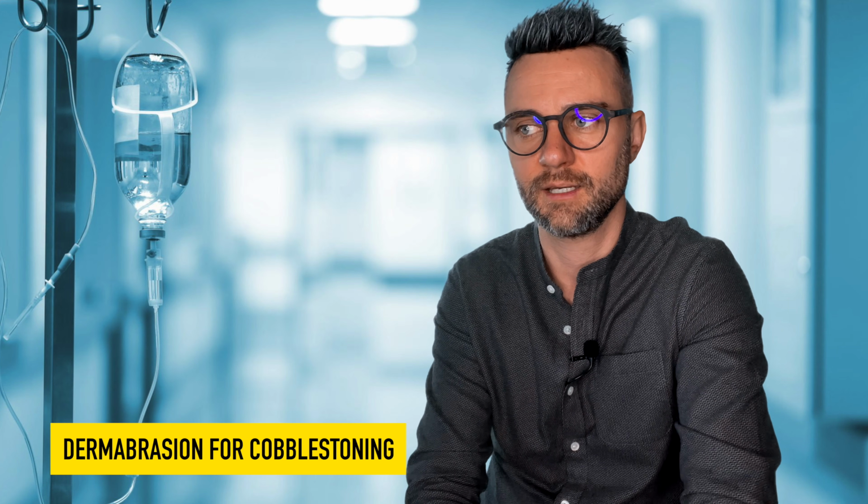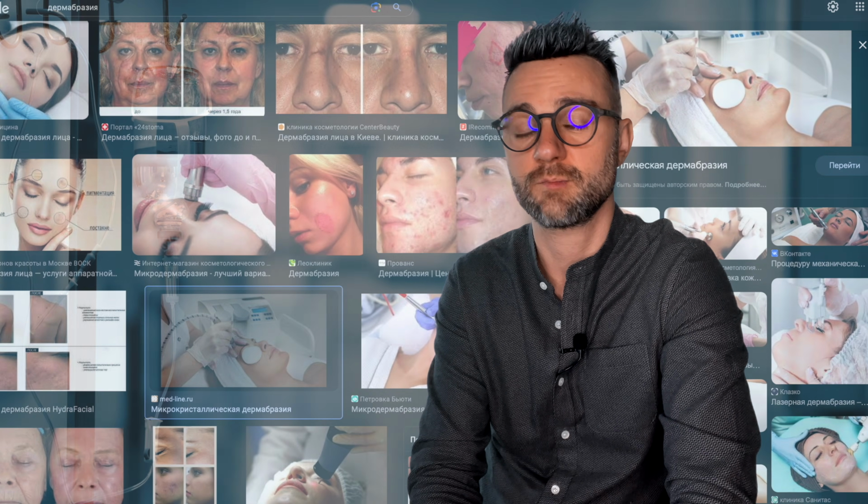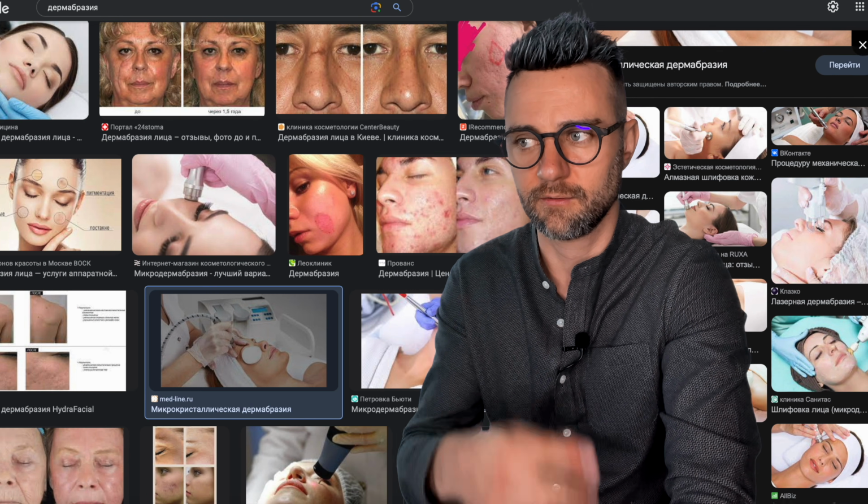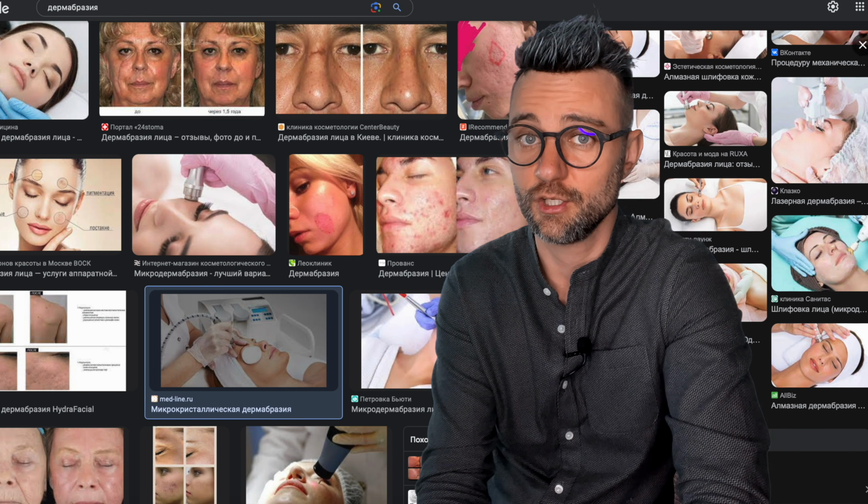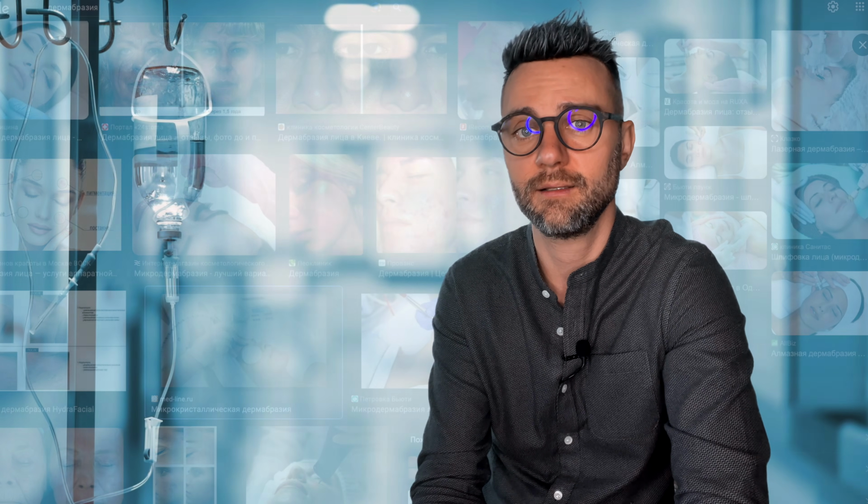I mean, peeling can be done at home, but dermabrasion is done with special tools such as rotating circles and crystal microdermabrasion, or lasers. Dermabrasion can be done in medical offices or cosmetic centers by professionals with certain experience. The procedure can be a bit painful and usually requires time for the skin to heal and recover.